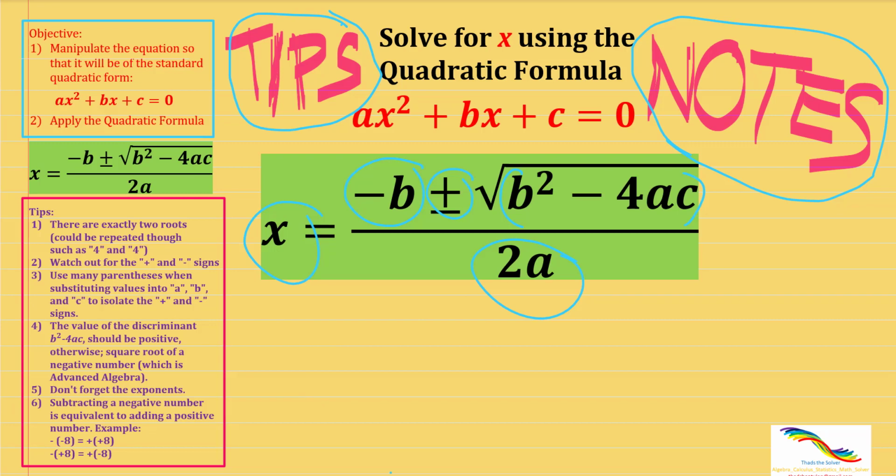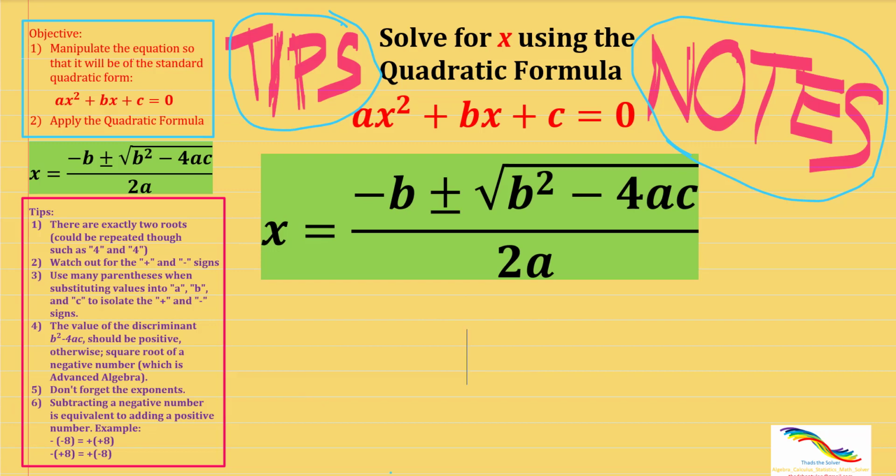When we solve quadratic equations using the quadratic formula, you must realize that there are exactly two roots or two solutions or two values of x that will make the quadratic equation correct.